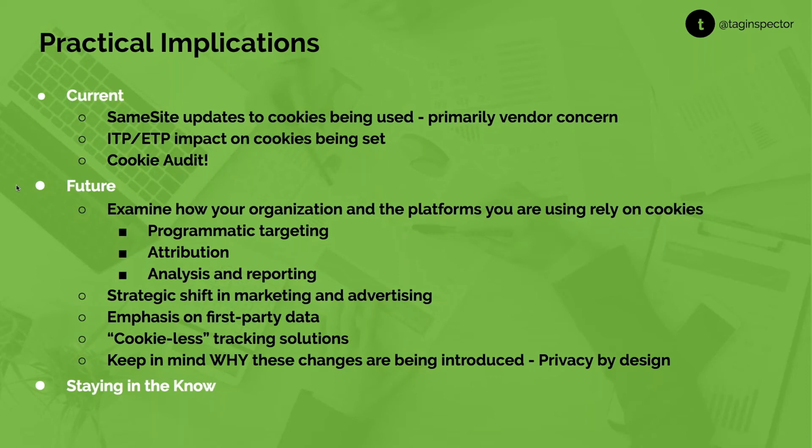So one of the things to really think about is how you're leveraging that type of targeting, making sure that you're working with vendors that are on the forefront of how they're thinking about that targeting, but also going back and revisiting some more classic methods such as contextual advertising, and putting that emphasis on first-party data.